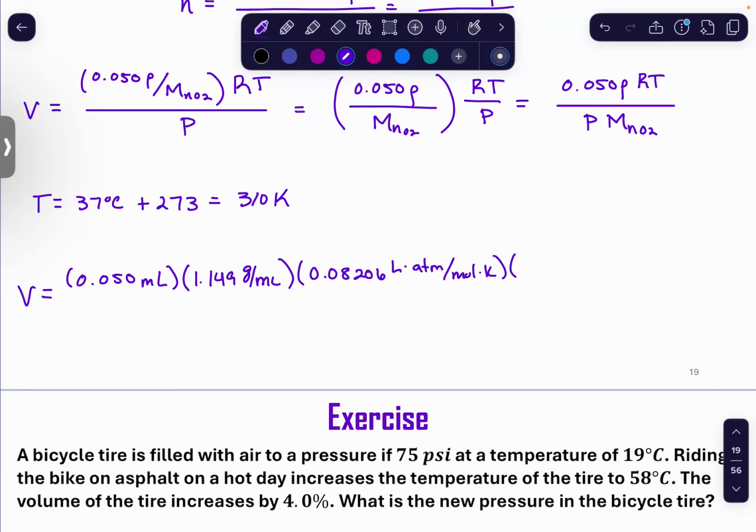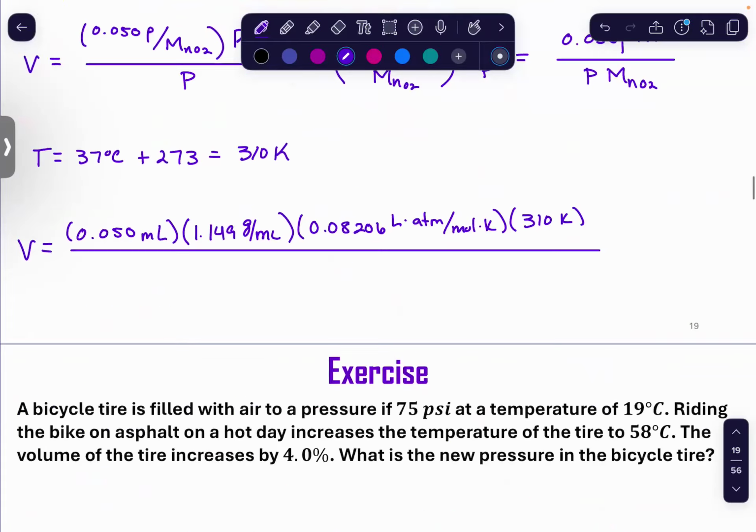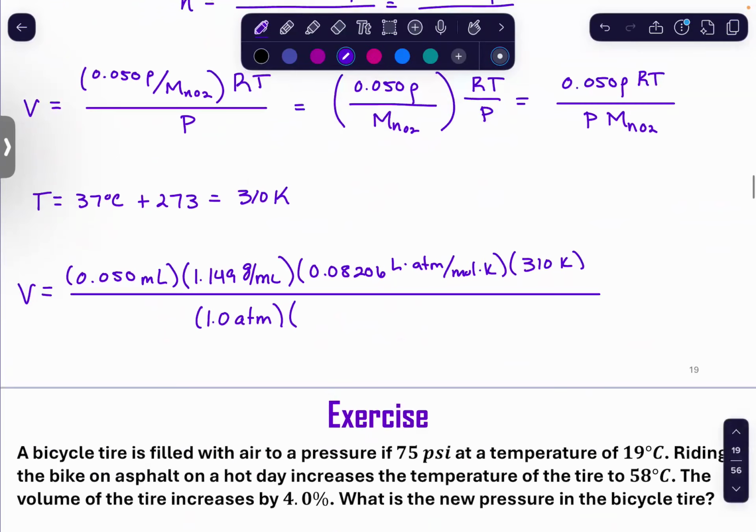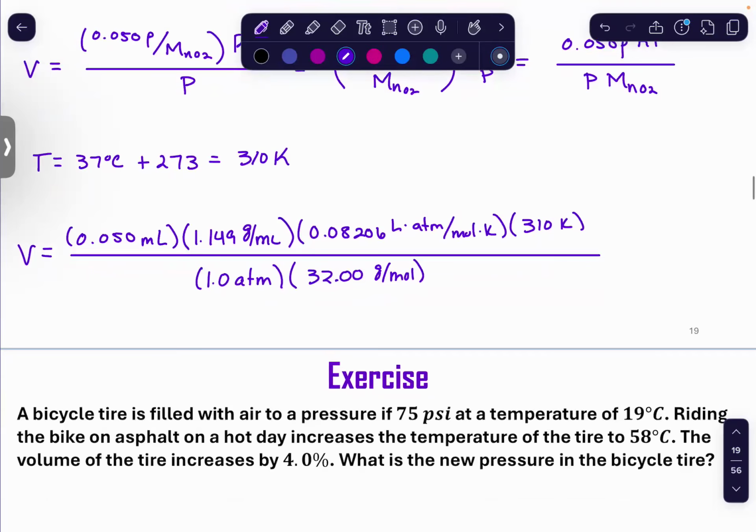And then temperature is 310 Kelvin over pressure, which is 1 atmosphere. And then the molar mass of oxygen is 32 grams per mole.